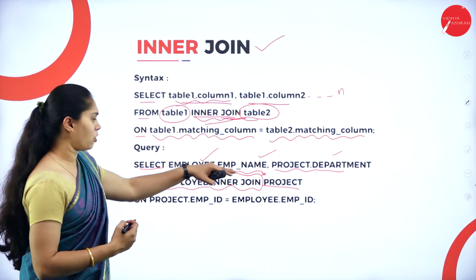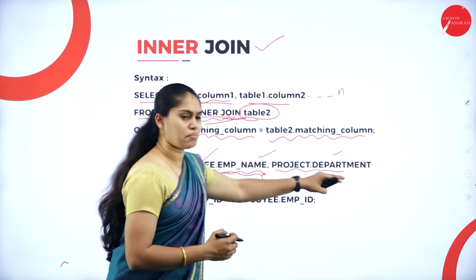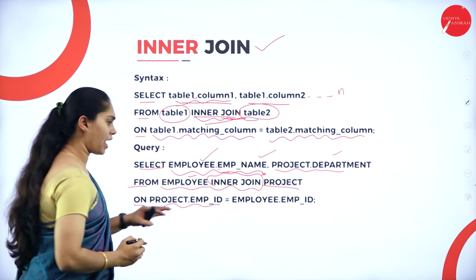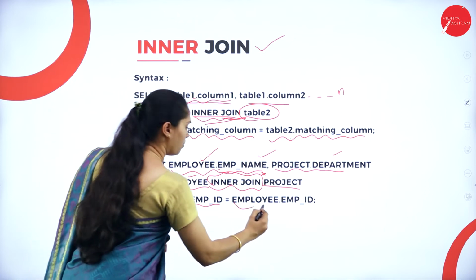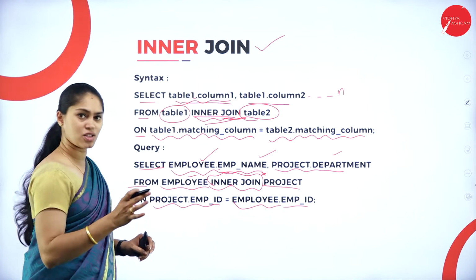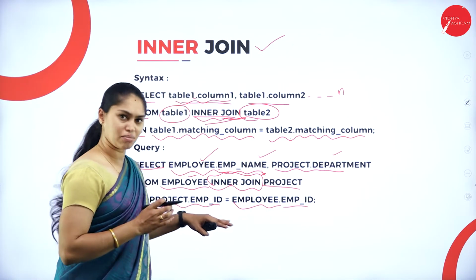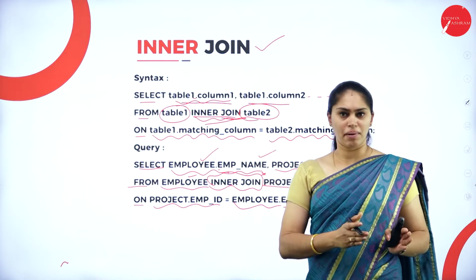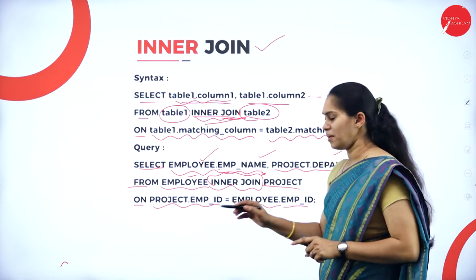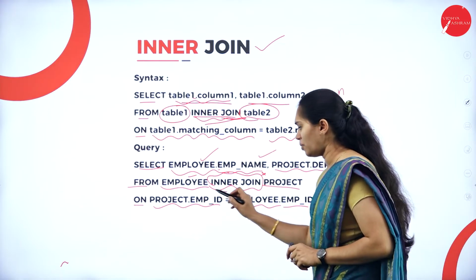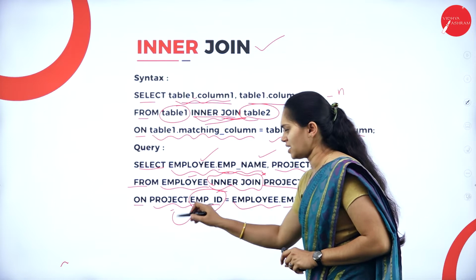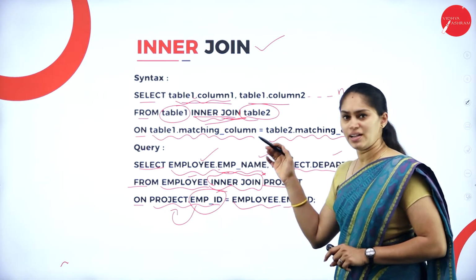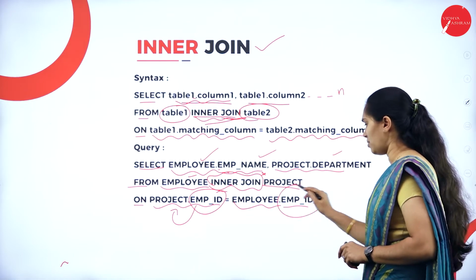I am taking the employee name from the employee table and department from the project table, on project.emp_id equals employee.emp_id. In the project table, we have project number, employee ID and department. Under that, I am comparing. Whatever employee ID we have in the project table, I am trying to match with the employee ID which we already have in the employee table.